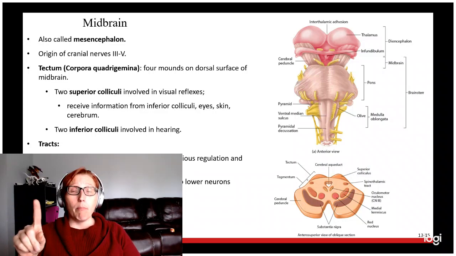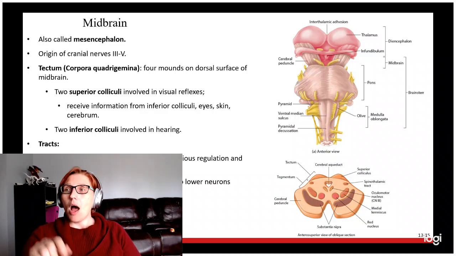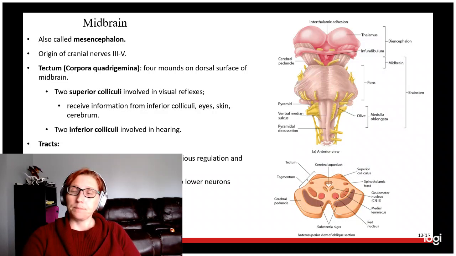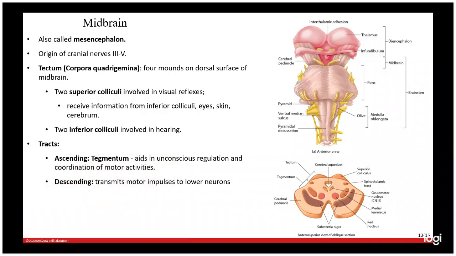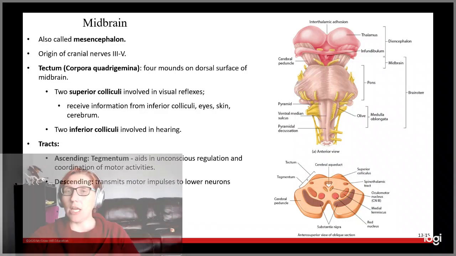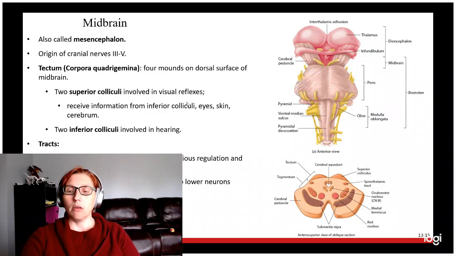No. But you should be able to tell me they're in the midbrain and what they do. And then you need to know that there are tracts that are in this region. We talked about tracts a lot with the spinal cord, so you need to know what the ascending and descending tracts do and tie that information in with what you learned in the last chapter.